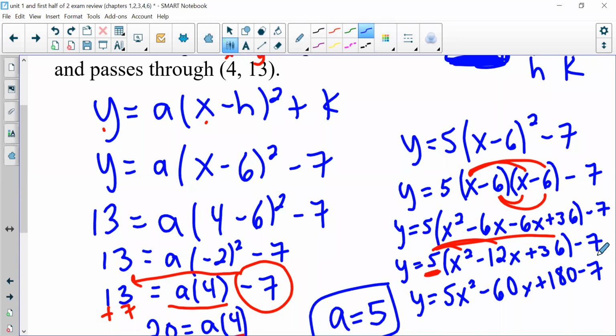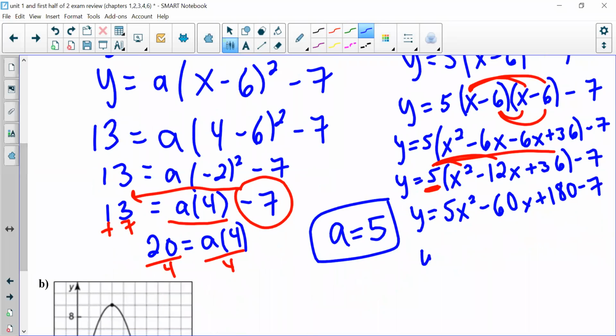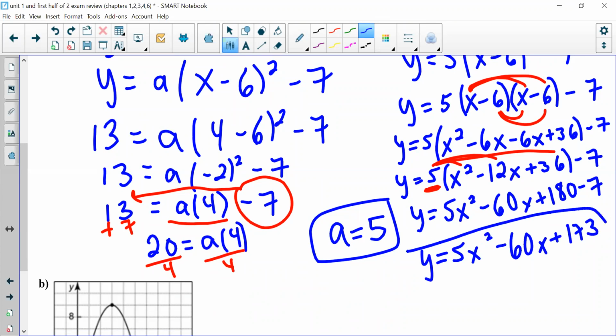I don't have to divide, actually. All I have to do is put the positive 180 and the -7 together. I just have to simplify. So this is going to be plus 173. And this is it. This is it in standard form.